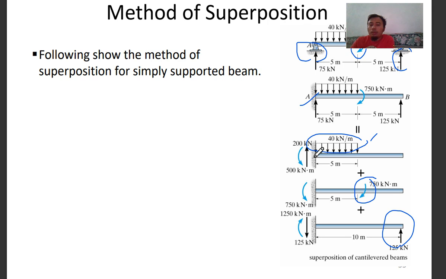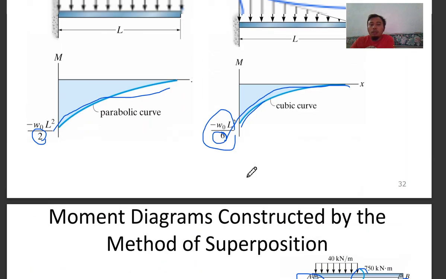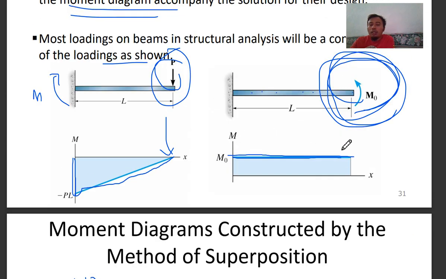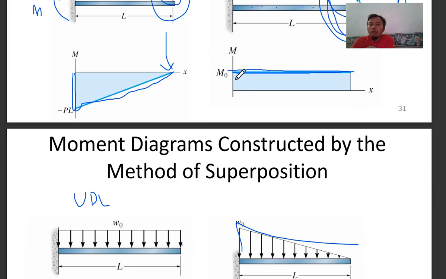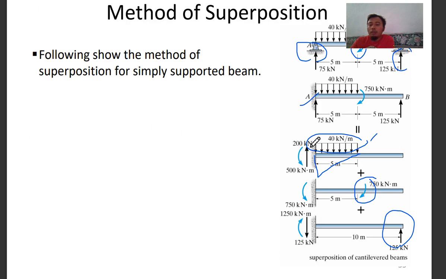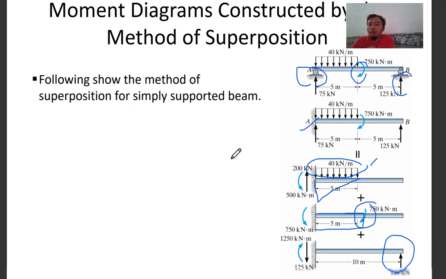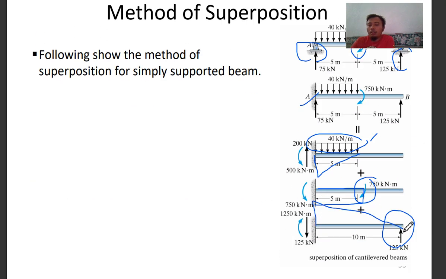For the moment you get a flat graph here, which is down here. And the last one, a point load, because it's upward, you get an inverted triangle here. So adding all this, you get something like this.